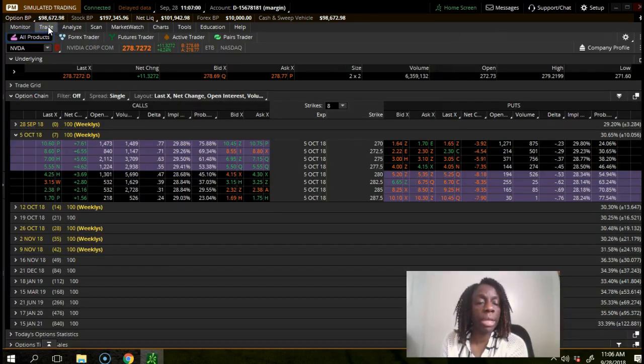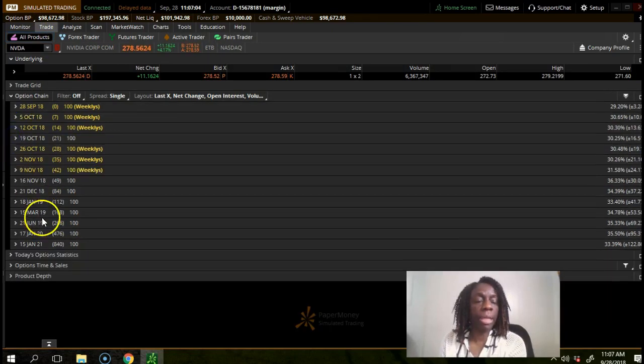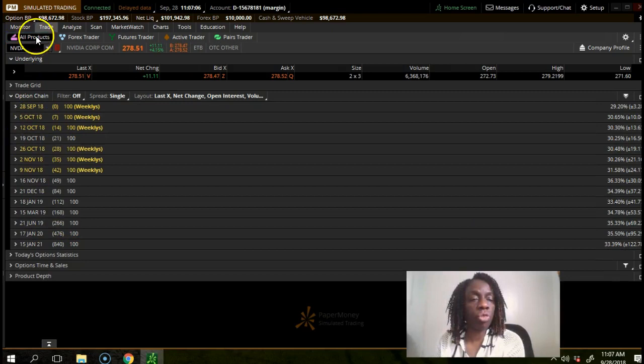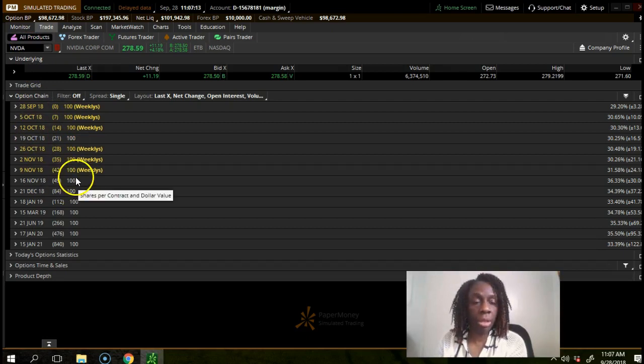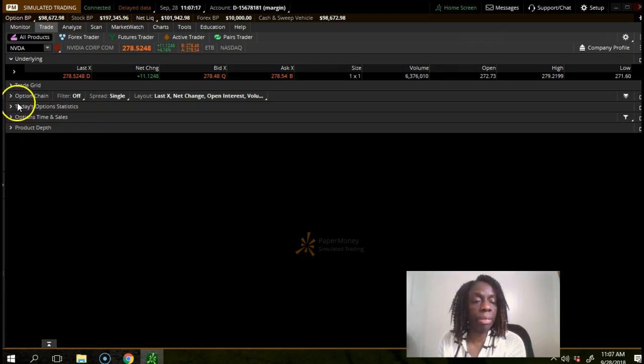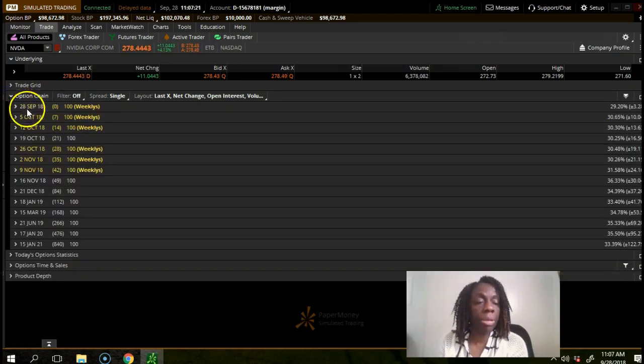Okay, so let's go back to trade. We'll click on trade, and let me close these. Okay, so here under the trade tab, we have NVIDIA, the underlying, and these are the option contracts. We get these from the option chain. So we click on option chain, and it brings up these contracts.